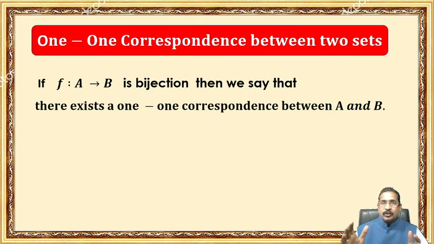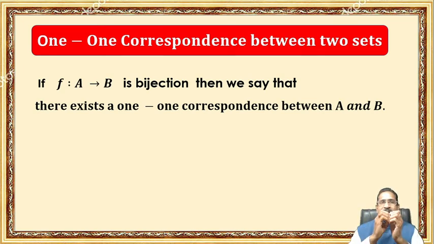What is onto? Bijection means f is both one-one and onto. What is one-one? f of x1 equal to f of x2 implies x1 is equal to x2. Then we say that f is one-one.